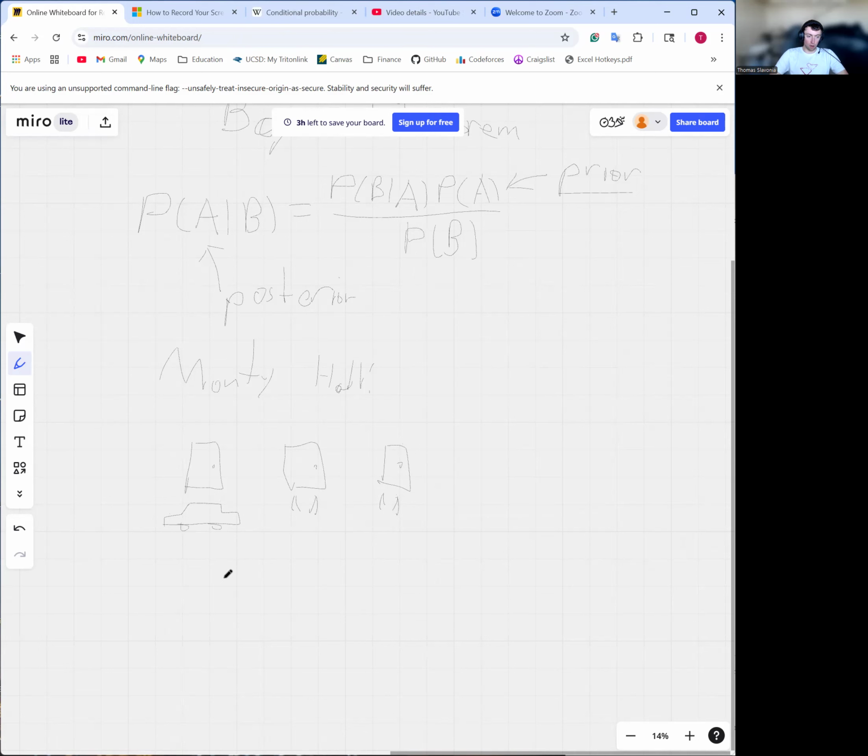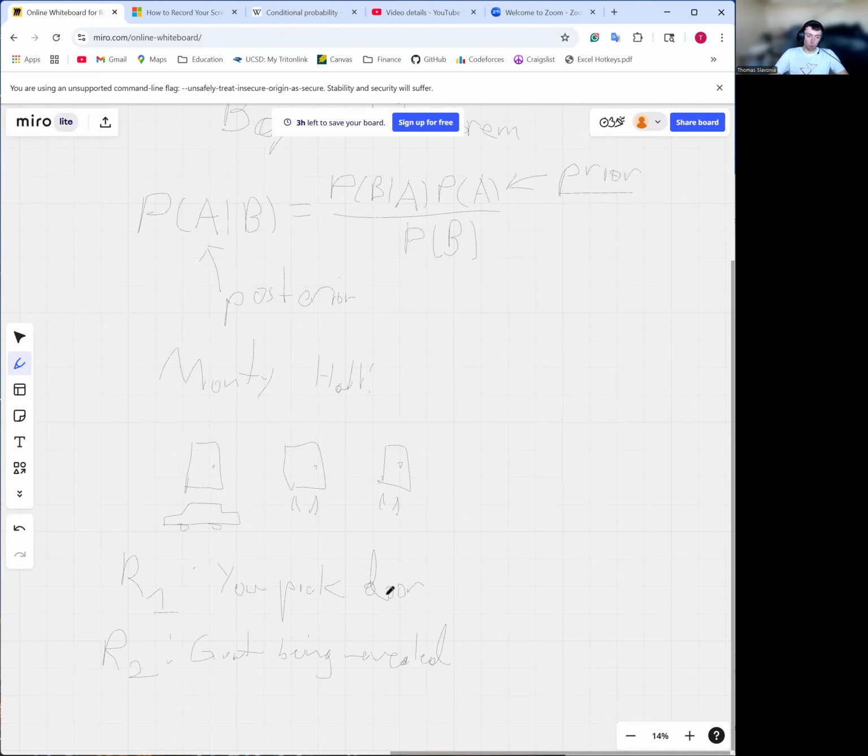Now you want to win the car, and the game works like this. In round one, you pick a door. Then round two begins with a goat being revealed behind some door that you did not choose.